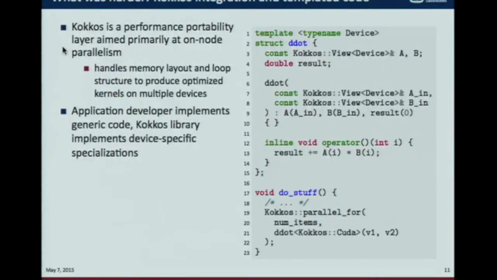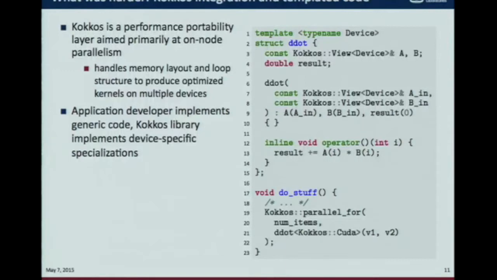Then you basically call this parallel for, and Kokkos takes care of all of the memory layout, all of the sending stuff to devices, and in this case it would be CUDA code. You can do OpenMP, you can do all kinds of things there.